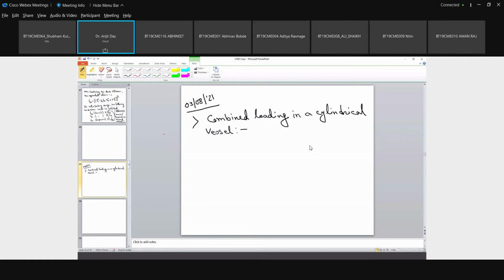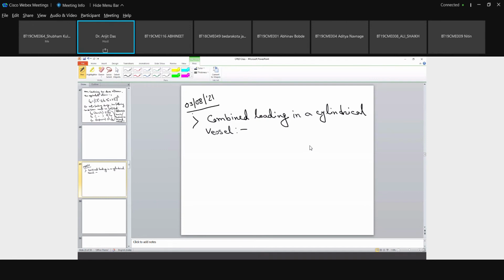One is the circumferential stress or hoop stress. Another is axial stress, which may be due to the weight of the vessel and its components and the liquid or fluid inside it, and maybe due to the wind load or piping load. Some of them are compressive in nature and some are tensile.